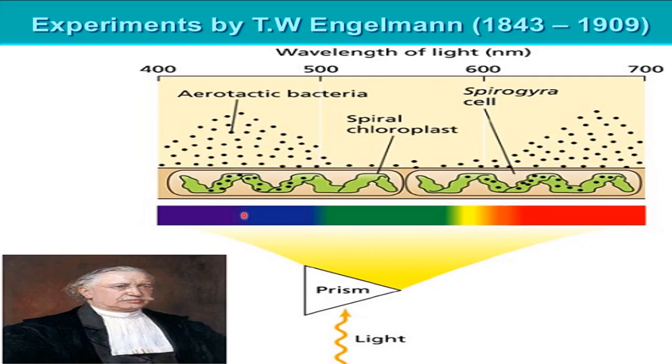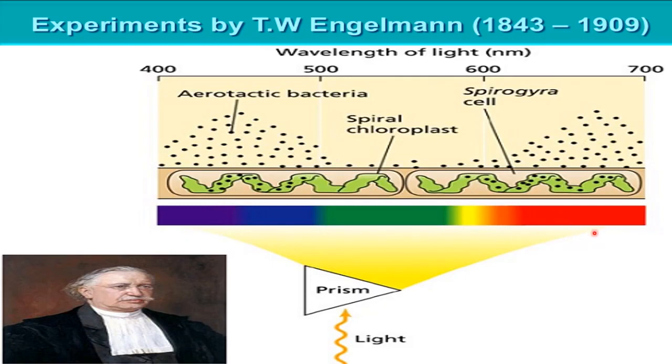Now it was concluded by T.W Engelmann that this blue region of light and this red region of light are responsible for photosynthesis, or you can say for the release of oxygen by Cladophora. It means more photosynthesis takes place in the blue region and in the red region.